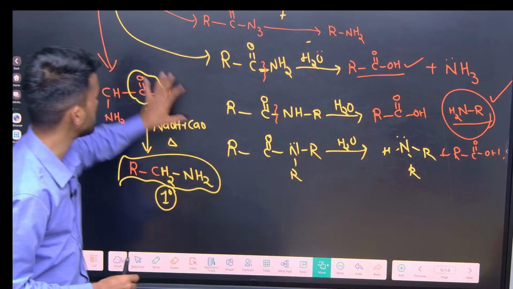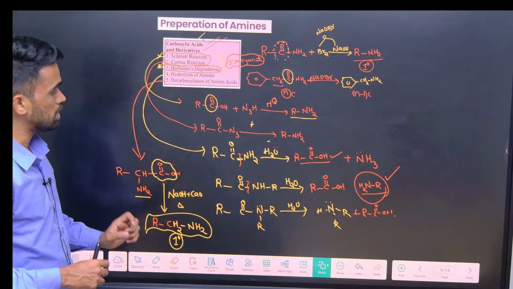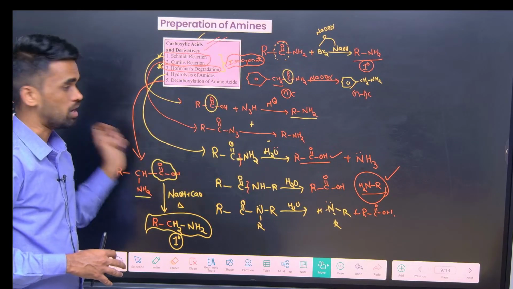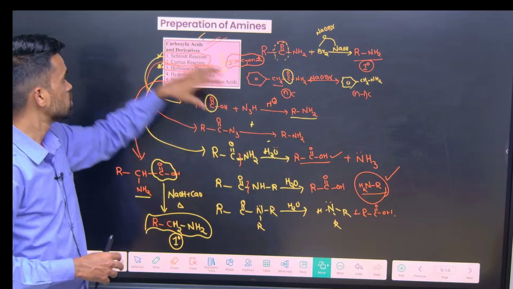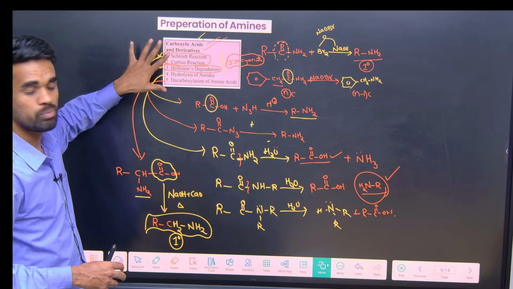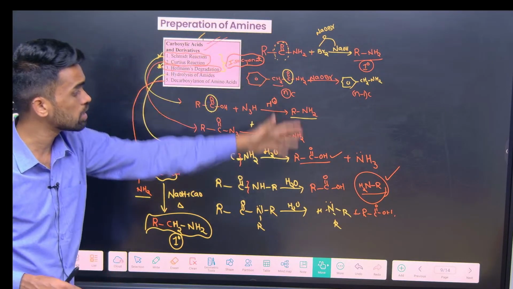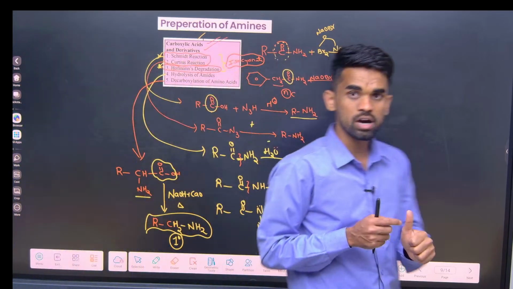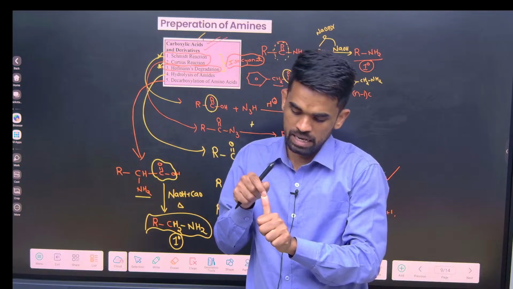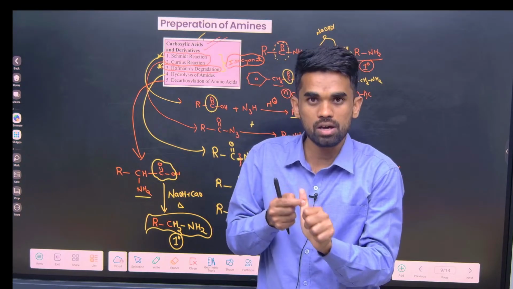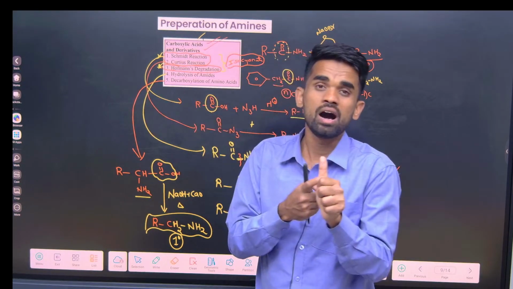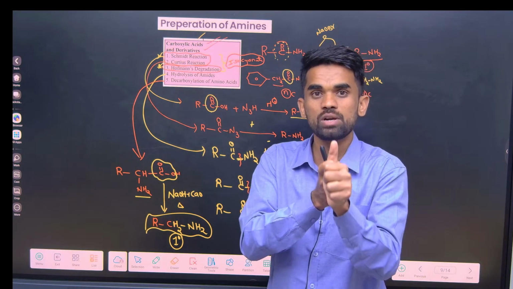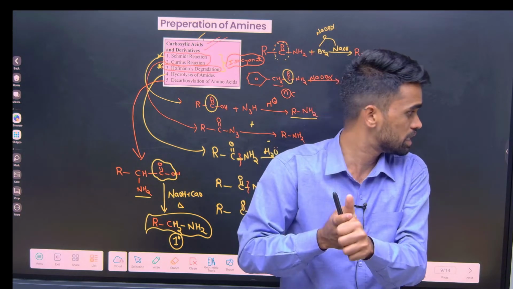From these five starting materials we have got all the routes to prepare amines. Till now we have completed preparation from alkyl halides, then from alcohols, and this is from carboxylic acids as well as derivatives of carboxylic acids.